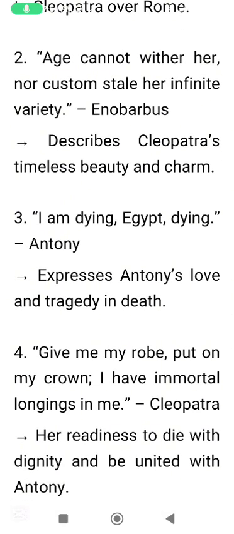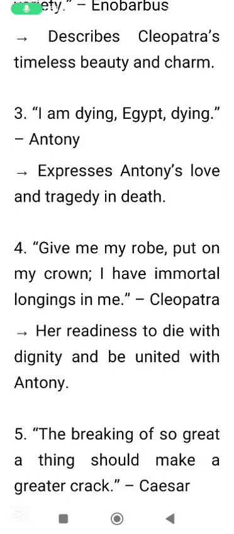Then there is another quote from the story. "I am dying, Egypt, dying." Who says this now? That is Antony. It expresses Antony's love and tragedy in death. Then there is another one there. We have, "Give me my robe, put on my crown." Who said this now?